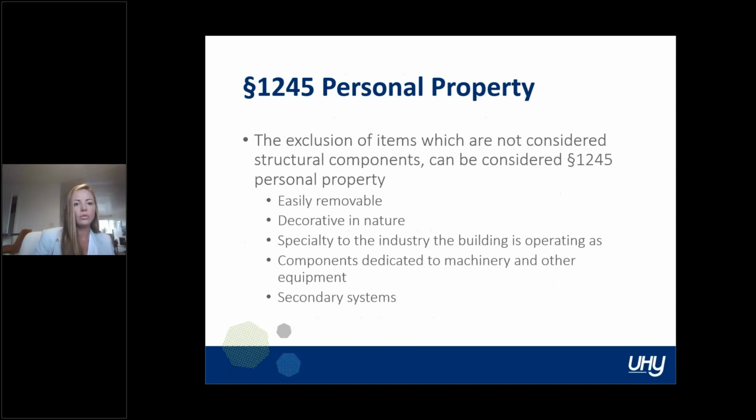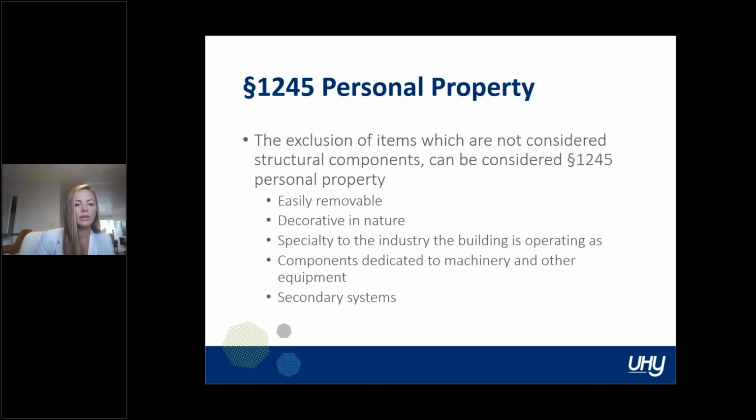So that takes us into what 1245 personal property is. So 1245 personal property is the exclusion of those items that I just went over. And just to put it in less IRS wordy definitions, you want to think of anything that's easily removable. So that will be like your carpeting, your vinyl floorings, base cabinetry and countertops and wall cabinets, specialty millwork items.